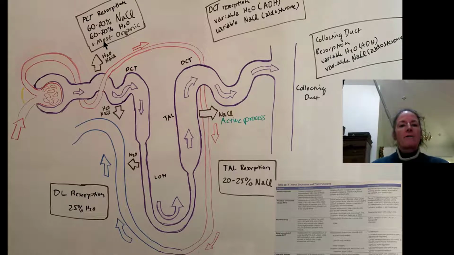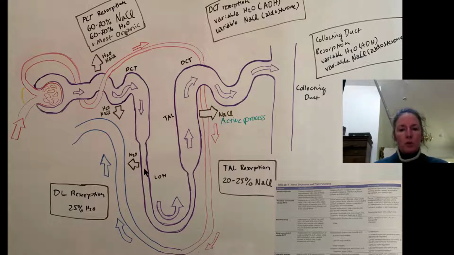We're also going to have resorption of other ions, calcium, magnesium, and so forth, and almost all of our organic substrates: amino acids, vitamins, glucose, and so forth. So this is going to happen at the proximal convoluted tubule. 60 to 70% of our sodium chloride and 60 to 70% of our water will be resorbed here.